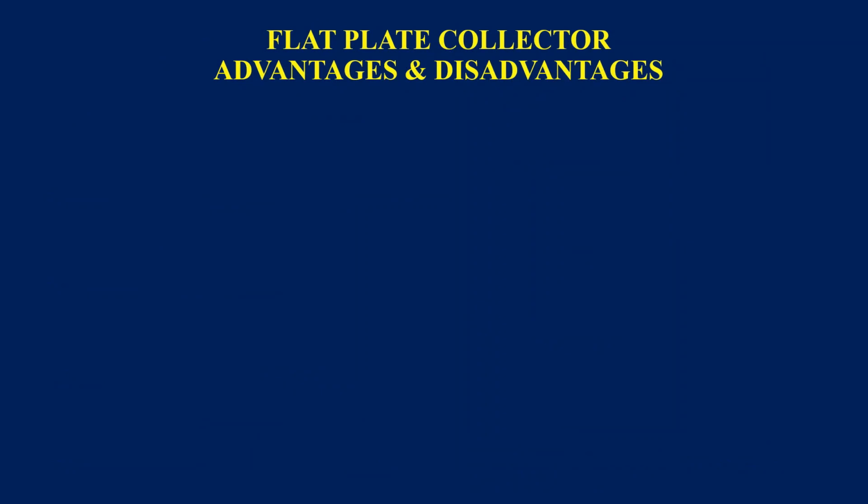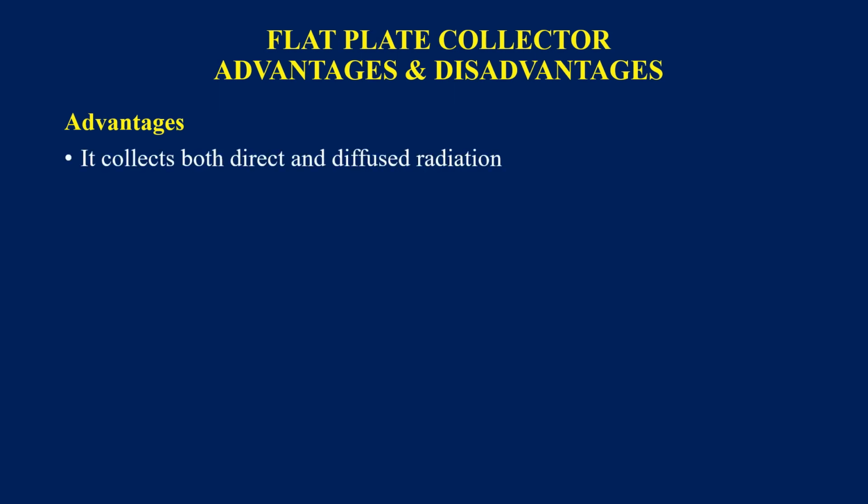Now let us see the advantages and disadvantages of a flat plate collector. We have already said that it can collect both direct as well as diffuse solar radiation. So it is one of the best advantages. The second one, they do not require a sun tracking system.